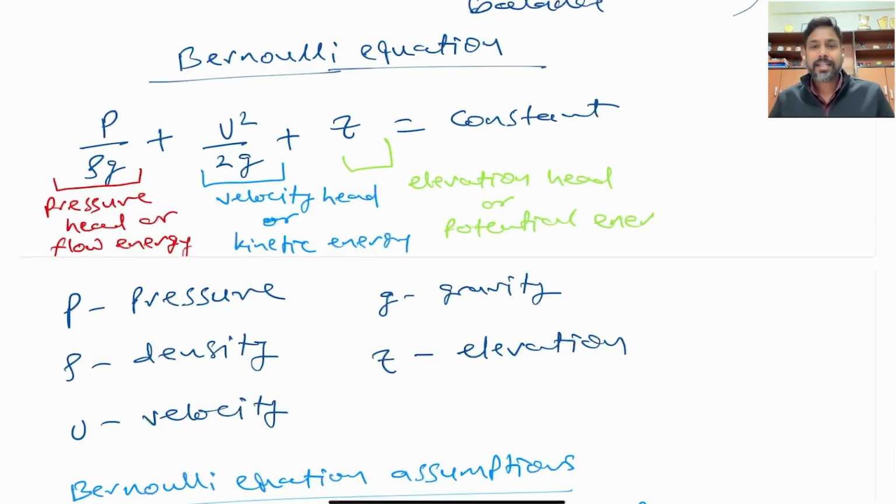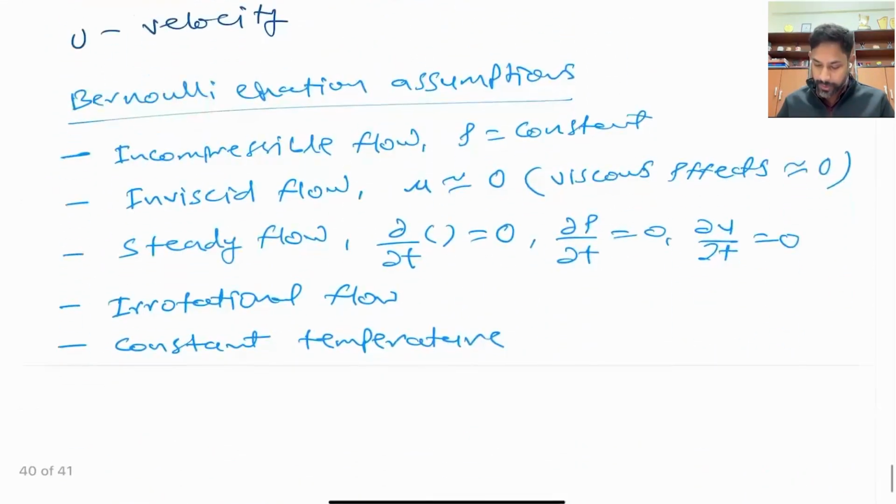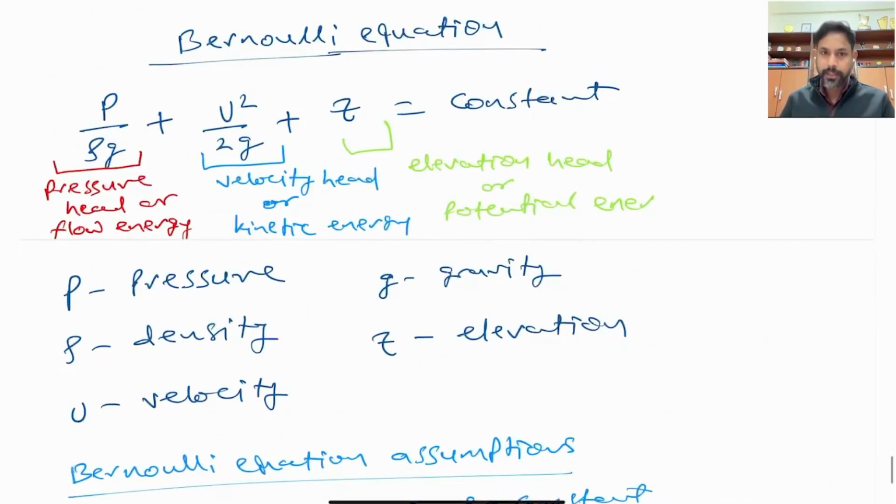But if you change the condition, you can still write Bernoulli equation. It might have different forms, and it might be conserved in different conditions, for all these parameters that we have written. But for the given set of conditions, we can write this particular form where pressure head, velocity head, and elevation head are constant anywhere in the flow. And what exactly is Bernoulli equation?